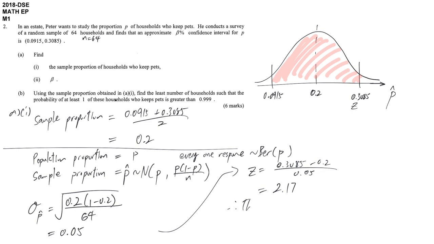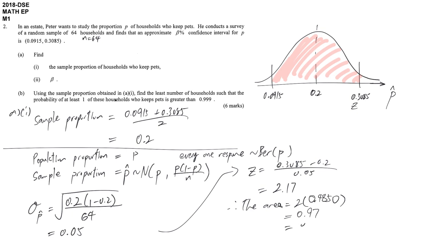Therefore, the area is equal to 2 times 0.4850, which is obtained from the standard normal distribution table. That means 0.97. Our confidence interval covers the 0.97 area of this whole thing.